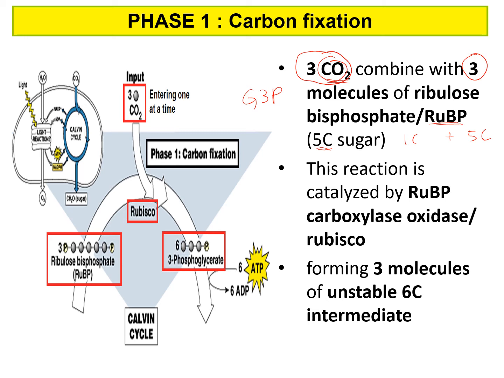So 1 carbon plus 5 carbons will produce an unstable 6-carbon intermediate molecule. This carbon fixation is catalyzed by an enzyme named RuBP carboxylase oxygenase, also known as RuBisCO.